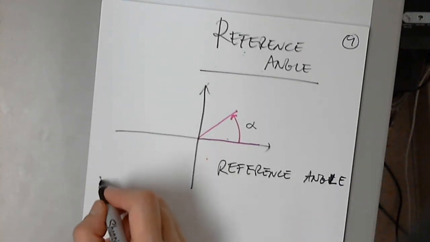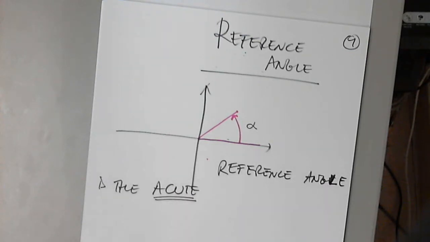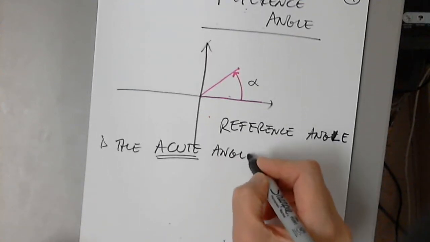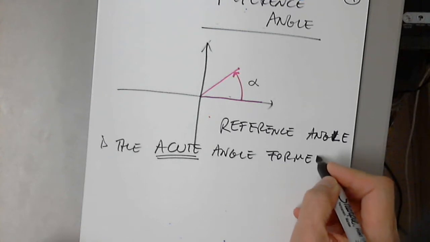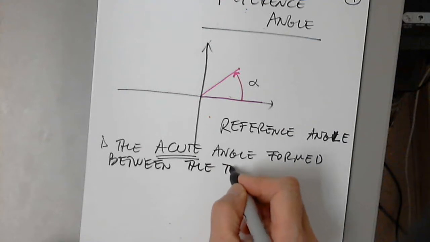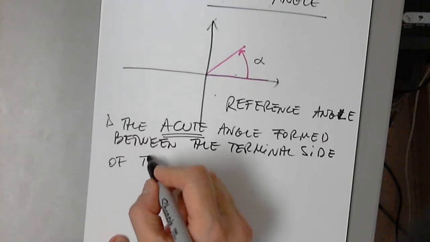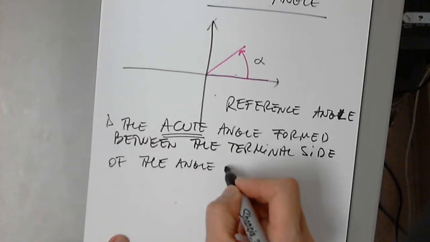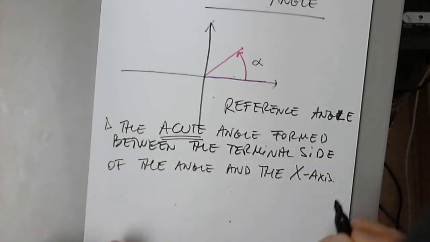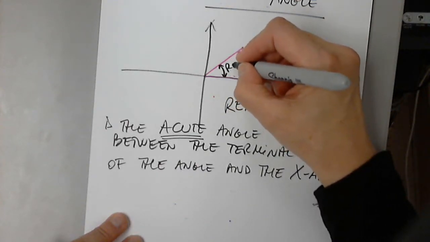The reference angle is the acute angle, which means less than 90 degrees, formed between the terminal side of the angle and the x-axis. In this case, this is also a reference angle, RA.